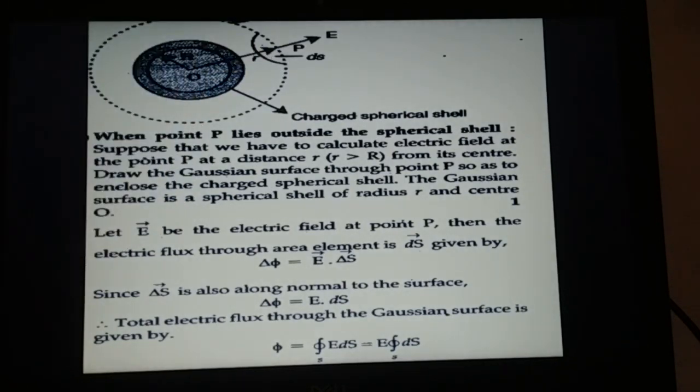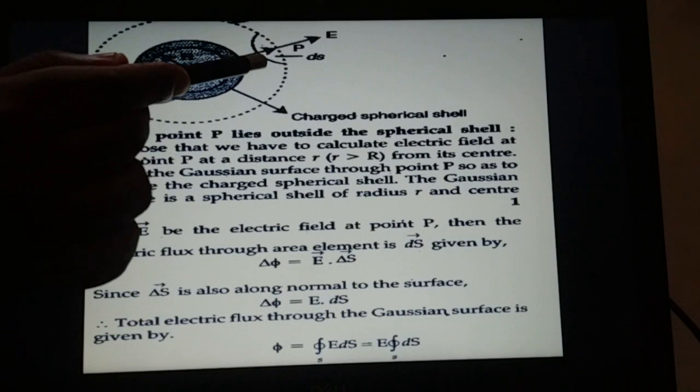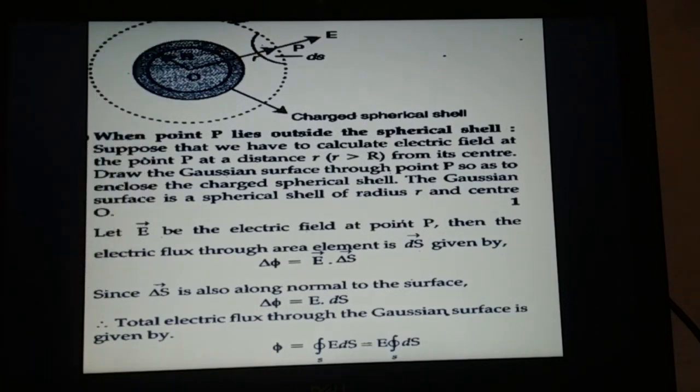Okay, that is your Gaussian surface. So here we are discussing two different cases, in the first case the radius small r is greater than capital R.